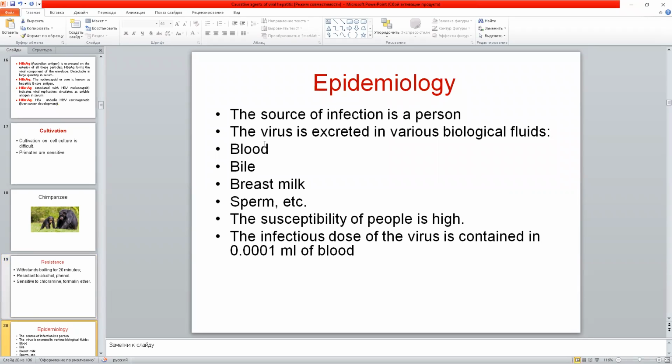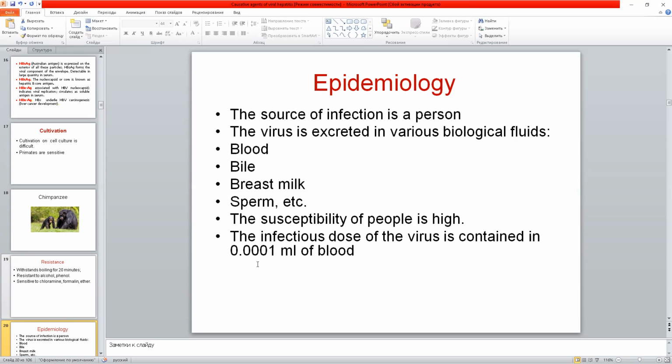The source of infection is a person, just human beings, and the virus is excreted in various biological fluids such as blood, bile, breast milk, sperm, and the susceptibility of people is high. The infectious dose of the virus is very, very tiny.